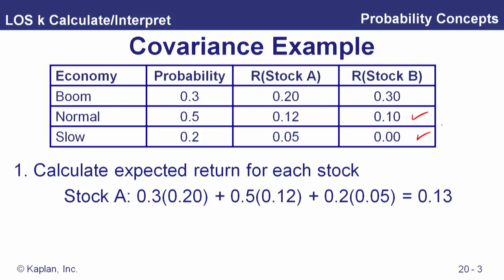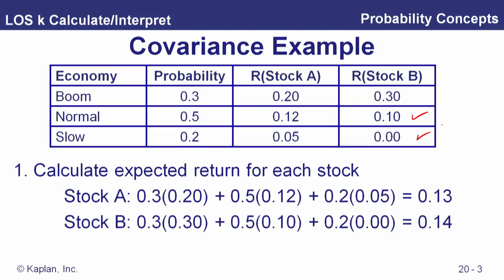So that's our unconditional expectation of the return on stock A. For stock B, we can do the same calculations, our probability weighted outcomes, and see that the expected return, with no information about what type of economy we're in, is 14%.